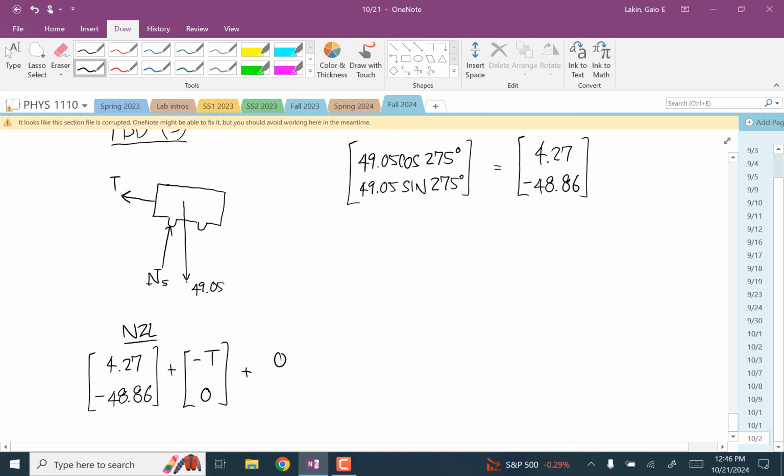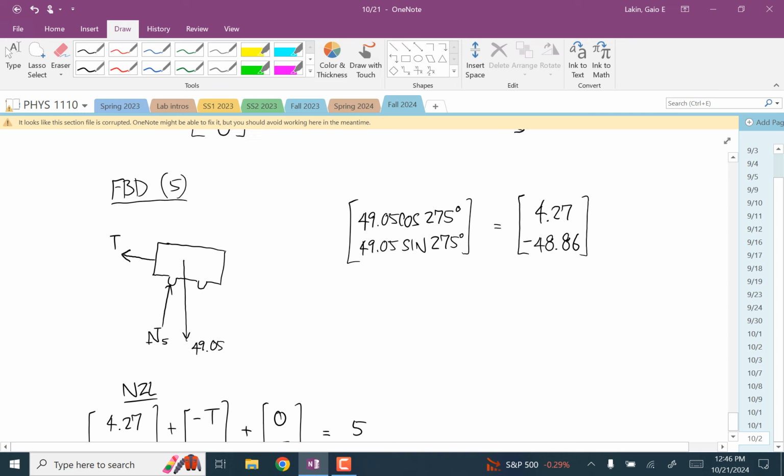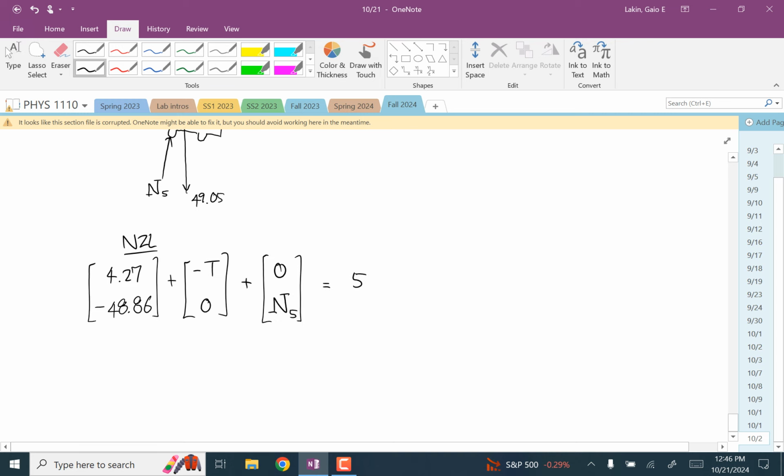The normal force is 0, N5. And all this is equal to the mass, which is 5 this time, times the acceleration, which we calculated in part A. So that's 0.23, 0.